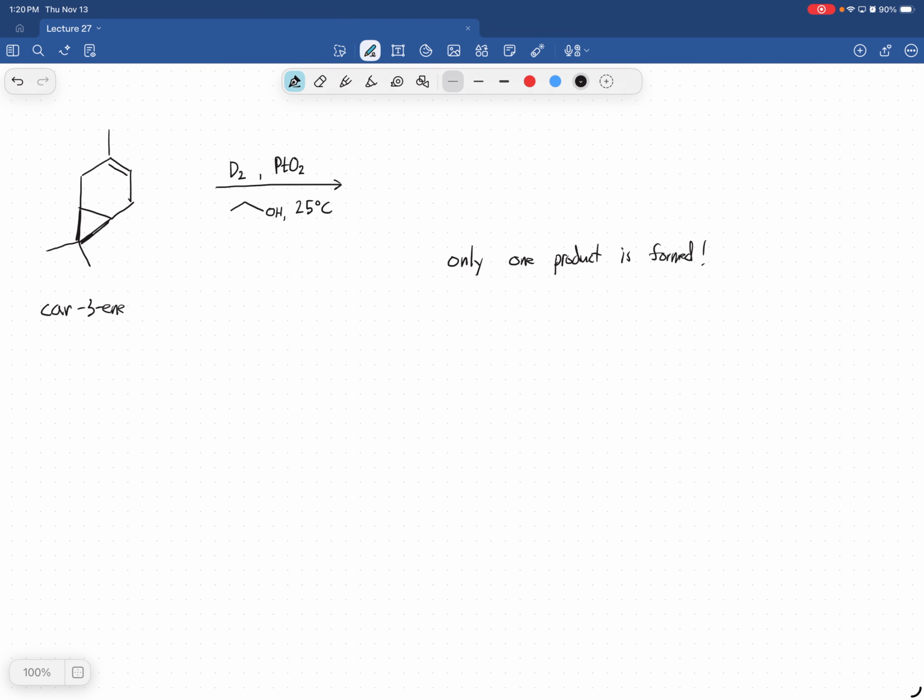We're just reducing the double bond, so you want to draw the deuteriums, but they're going to be in a specific way, either facing up or pointing to the bottom.